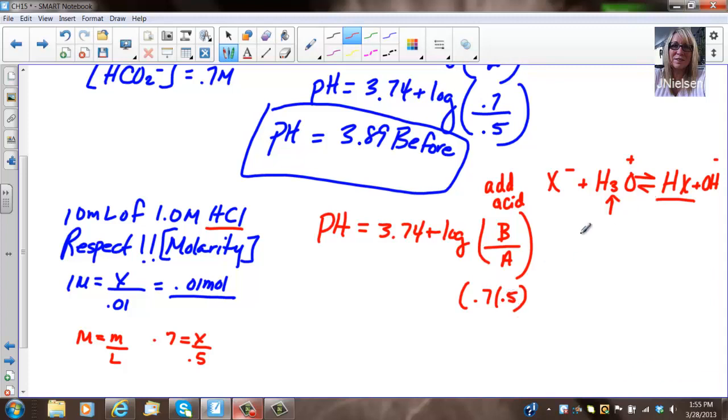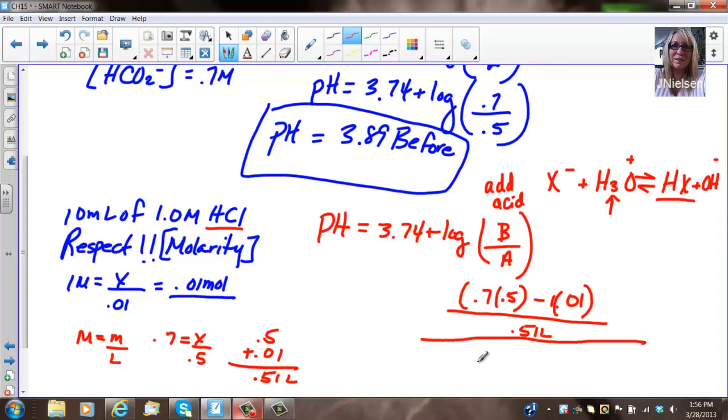Now remember, I'm adding acid, and I'm going to take away from the base. So I'm going to subtract 1 times 0.01. That's going to be my numerator. And my total volume, because I need a new volume, I had 0.5 liters when I had the original reaction, and now I have 10 mils, which is 0.01. So 0.5 plus 0.01 is going to give me a total of 0.51 liters. So this is over 0.51 liters. That's my base.